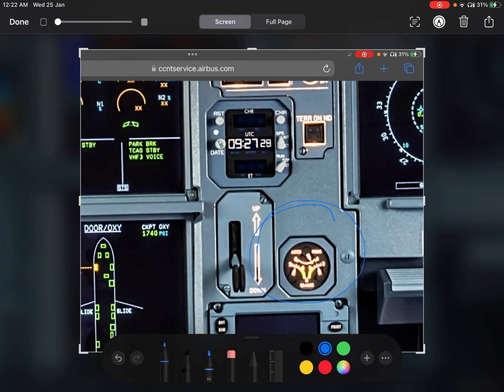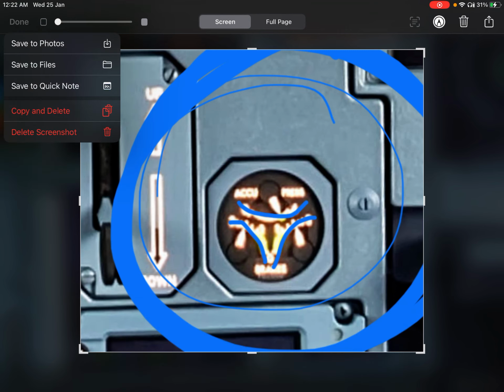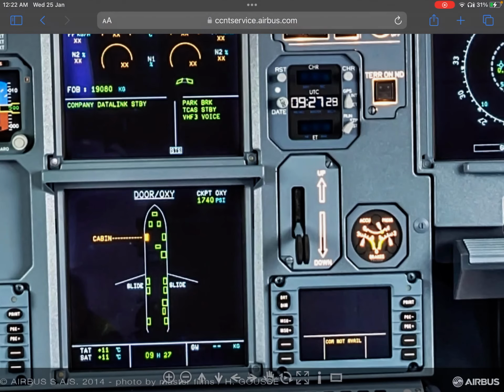Here it is. This is the triple pressure indicator. So here are three needles. This is one, this is two, and three. That's why it is called the triple pressure indicator. So it is the yellow system, because this is the pressure of the yellow system.